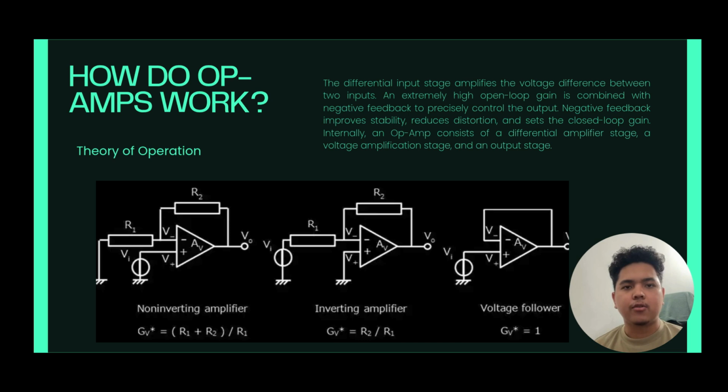This gives us control, boosts stability, and cuts down on distortion. By changing how we route this feedback, we can build different configurations. For instance, a non-inverting amplifier scales the signal using the formula (R1 plus R2) over R1. An inverting amplifier flips the polarity with a gain of R2 over R1. Or we can create a voltage follower which keeps the gain at exactly 1 to buffer the signal perfectly.